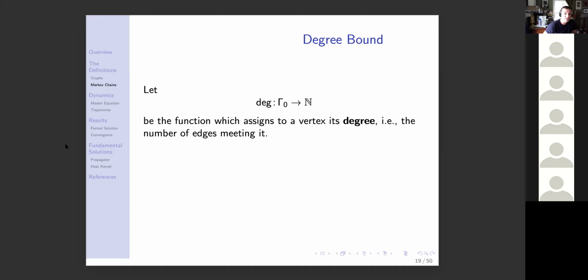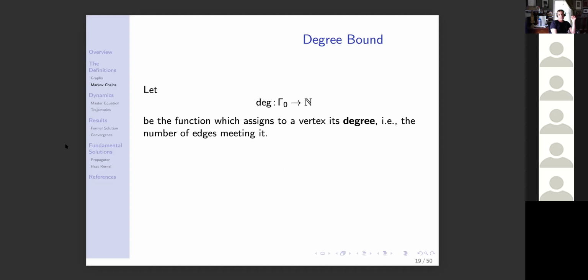Let degree be the function which assigns to a vertex of the directed graph its degree, namely the number of edges which actually meet that vertex. Actually, I can get away with less. I can just look at the number of vertices for which that vertex is a target. But let's just look at all the edges at that vertex.